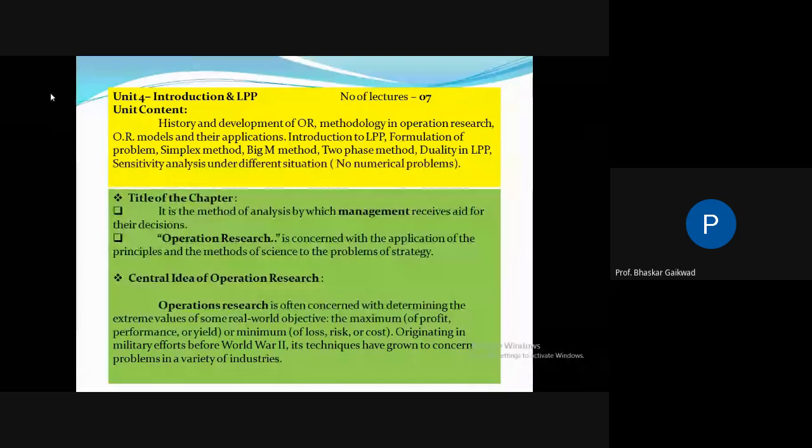So models have two types. One is analogical and second symbolic. Symbolic part is related to mechanicals. It contains matrix. You already studied the matrix. Then graphs should be there, equations should be there. So we are related to this symbolic.